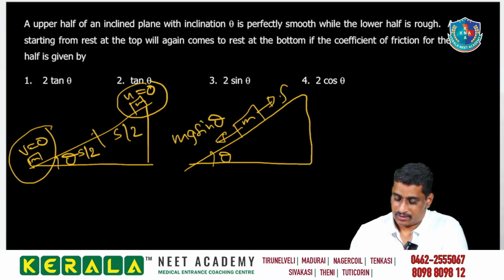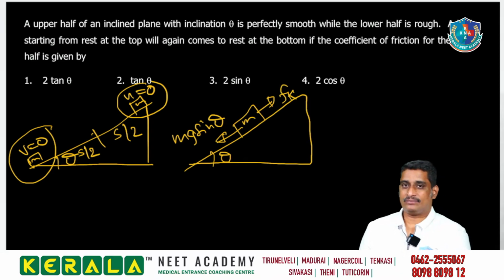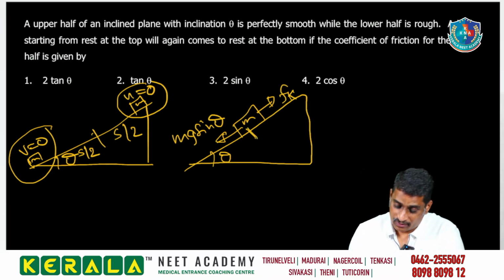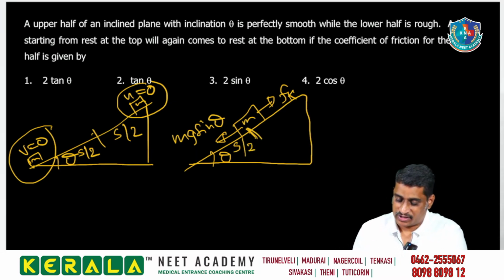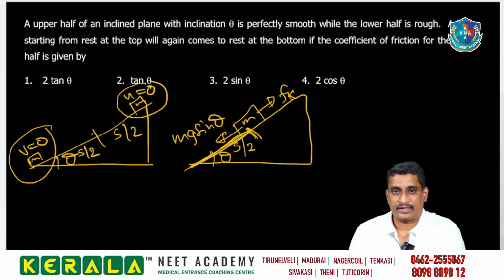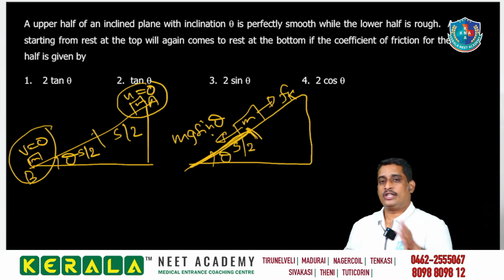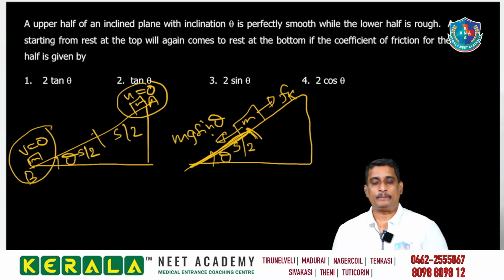Up the plane, kinetic friction is acting. While the block is sliding, this kinetic friction will act only in the second part of the inclined plane. In this portion only friction is acting. Mg sin theta will act from the very beginning until it reaches the bottom of the inclined plane.